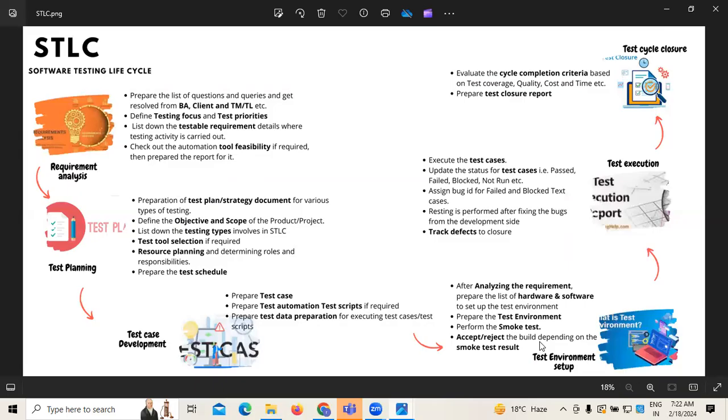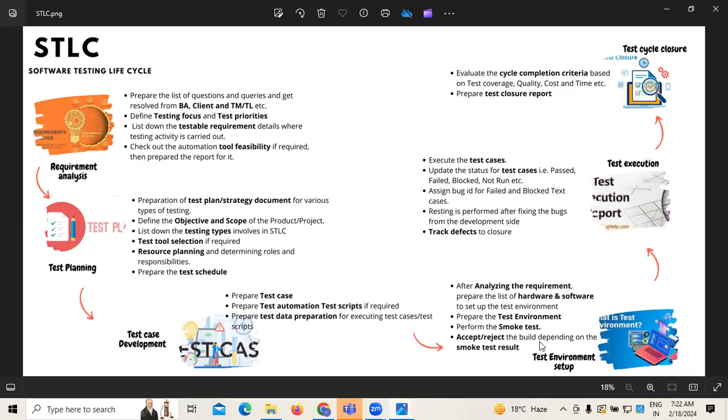Some profiles ask you whether you have knowledge of the software testing lifecycle or not, because it's not only about gathering requirements; knowledge of the software testing lifecycle is also highly useful.